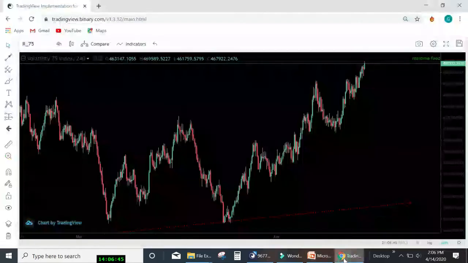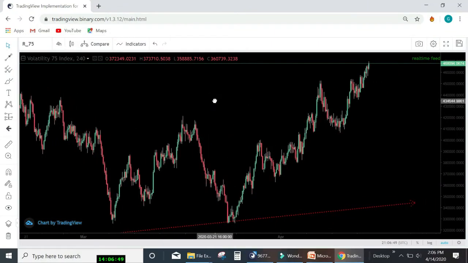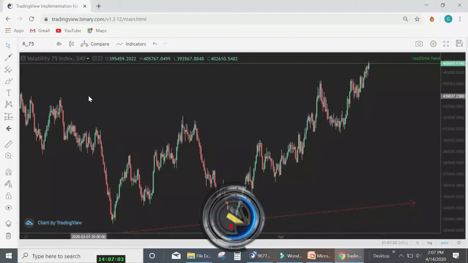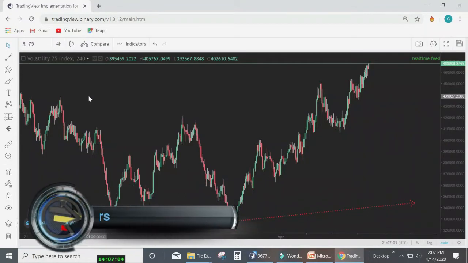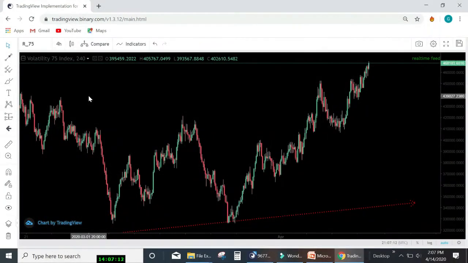Whenever we want to find the levels of the market, we have to have a bigger time frame, and on that time frame we will know the distance that the price moves from down to top, or from top to down.